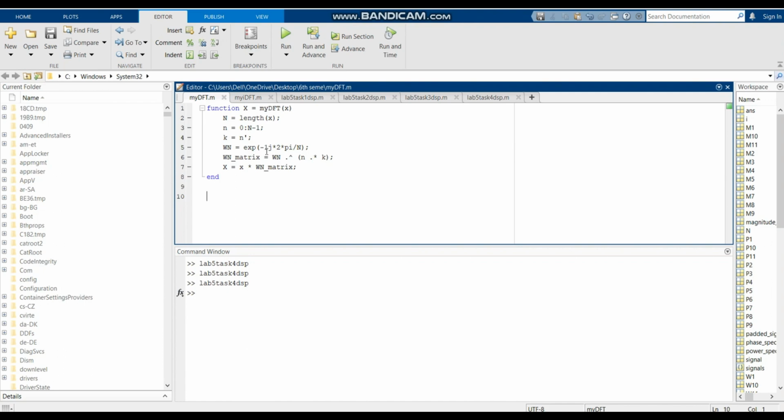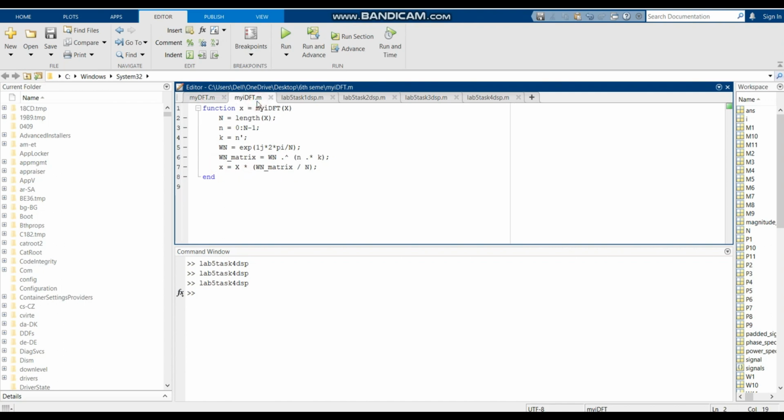Then it constructs the DFT matrix by raising the twiddle factor to the power of the outer product of n and k. Finally, the DFT is computed by performing matrix multiplication between the input signal and the DFT matrix, resulting in DFT coefficients stored in the output variable capital X.